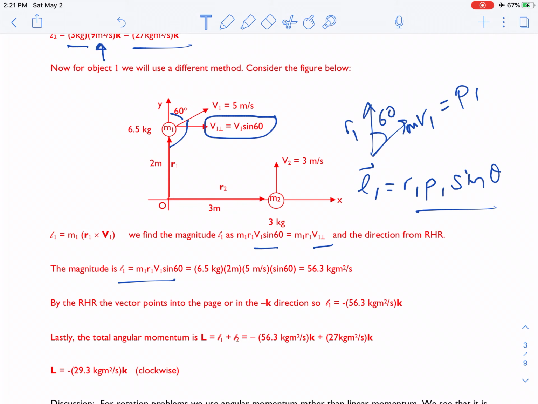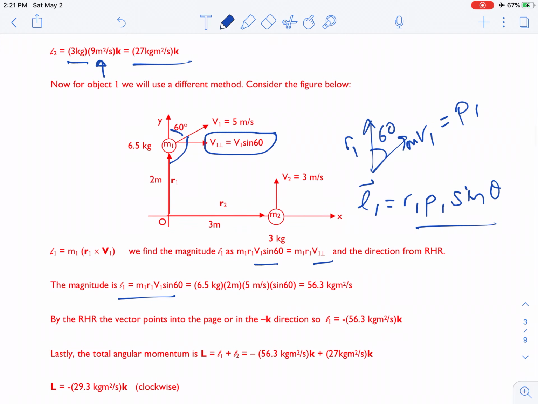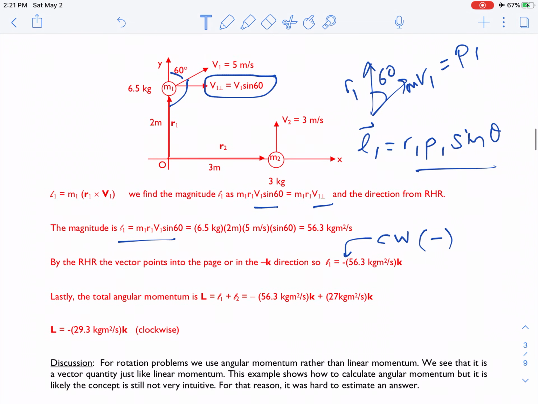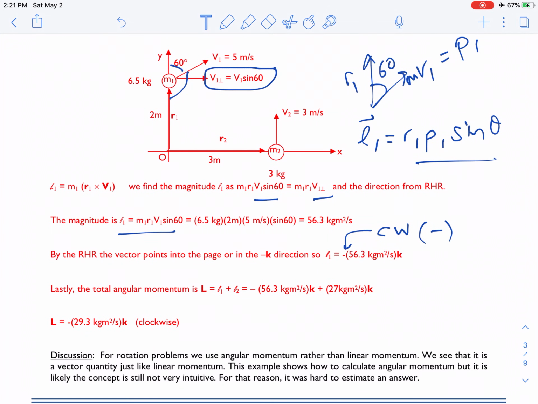And the direction of L1 was clockwise. Clockwise gives you a negative sign, right? This is clockwise, that's why it's negative. So it's along the negative k hat direction. So it's into the page, not out of the page like L2. So when you're finding the total, you need to make sure that you keep those signs here.